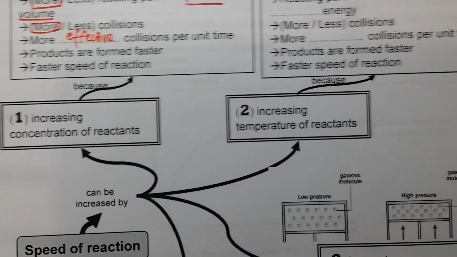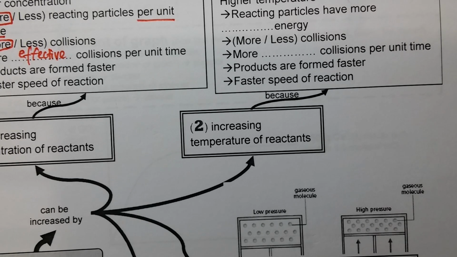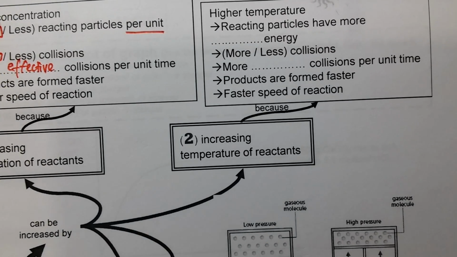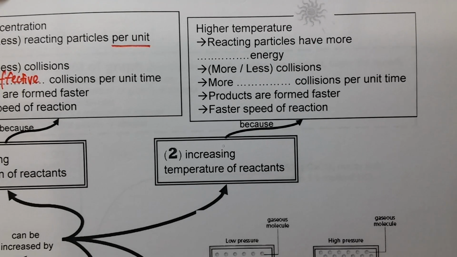Now, how about the second one? The second thing that we can do in order to make the reaction faster is by increasing the temperature of the reactants. Because a lot of times when we heat the reaction mixture, the reaction will be faster.